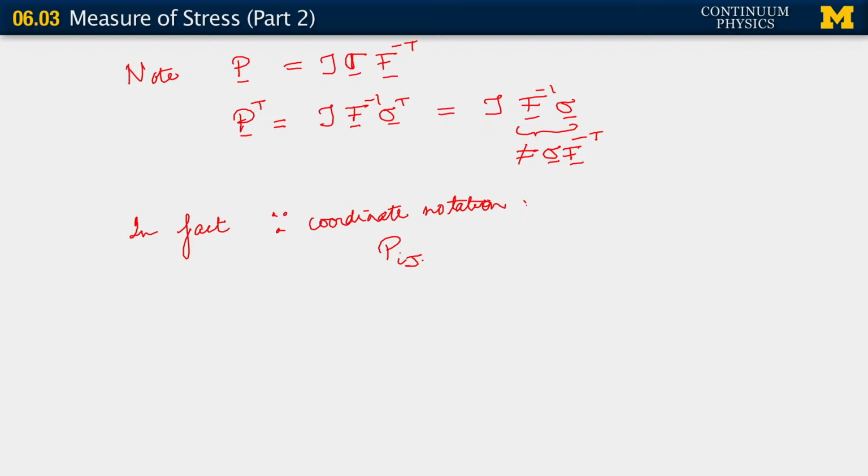What would the transpose of P be? This implies that the coordinate notation of P transpose would be P transpose capital J capital I. Now, given the fact that I and J indices don't even live in the same configuration, it's almost vacuous to even ask if P is symmetric.